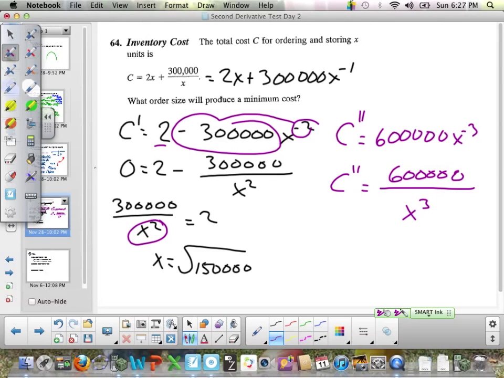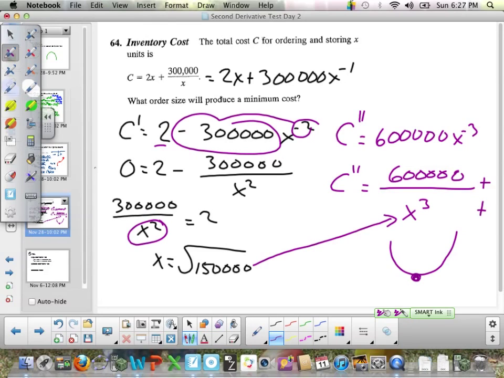So if I substitute the square root of 150,000 into here, I'll get 600,000 over the square root of 150,000 units cubed. All I'm looking for is it as a minimum. And I can see the top's positive and the bottom's positive, so this is concave up. The first derivative is 0, it's concave up. Concave up like a cup, first derivative is 0.